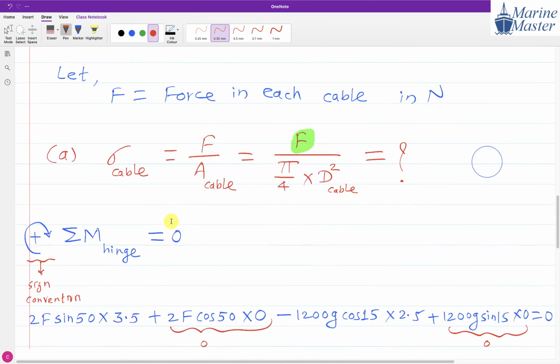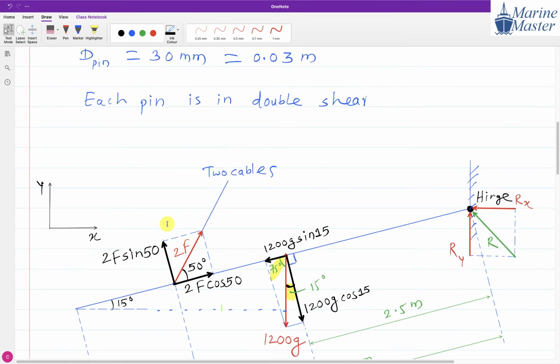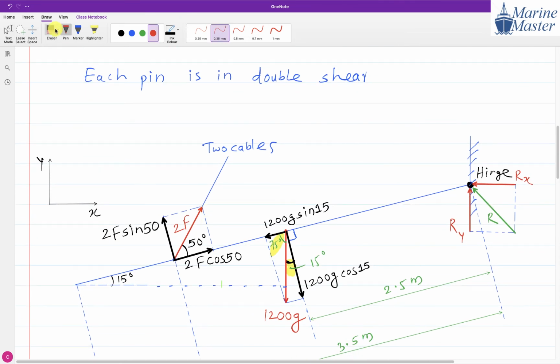And how much angle will 2f make with respect to horizontal? Listen to my question carefully. How much angle is this 2f making with respect to horizontal? 40 degrees? How did you come to know that? Suppose I am showing 2f here, and this is a horizontal line.